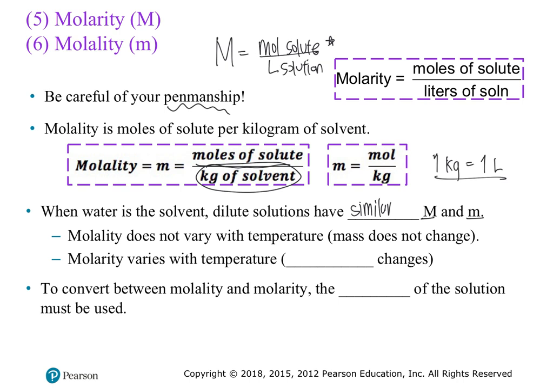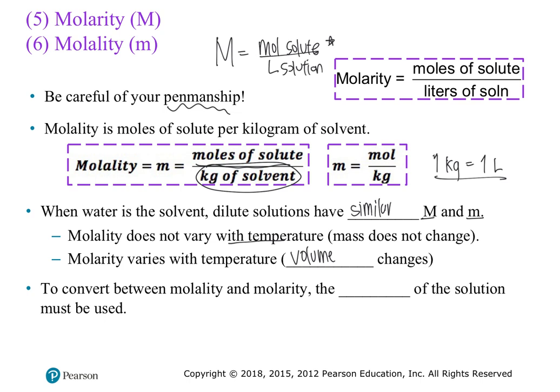One thing that's kind of nice about molality is it doesn't change with temperature. So mass is a mass, right? Mass at 25 degrees Celsius is mass at 100 degrees Celsius, whereas molarity is going to vary with temperature because the volume can change. If I heat things up, they tend to expand, and so volume will increase.